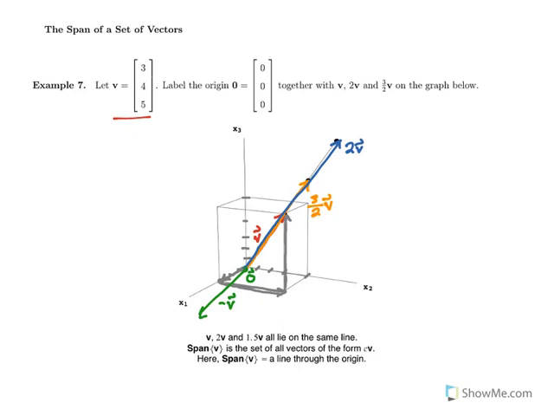And here, the span of v is a line through the origin. So the span of v is all of the vectors cv, where c is a real number.